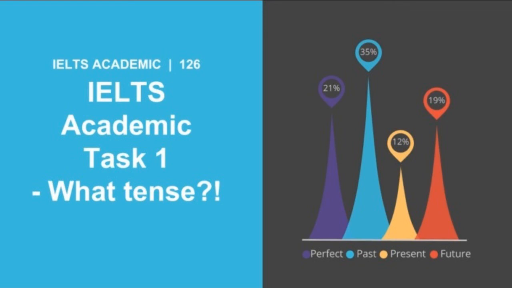The graph I'm going to use as an example is a line chart, okay, or a line graph, starting in 1990, ending in 2040, and it clearly shows the world energy consumption by fuel type, starting in 1990, ending in 2040.